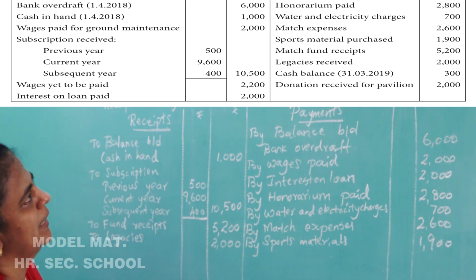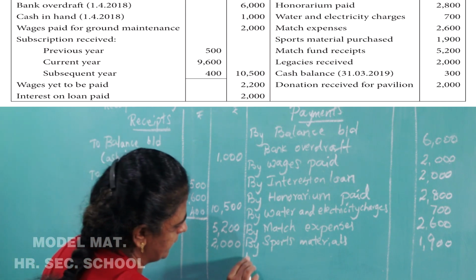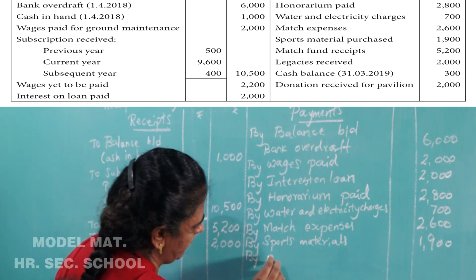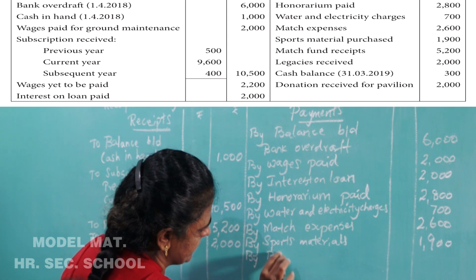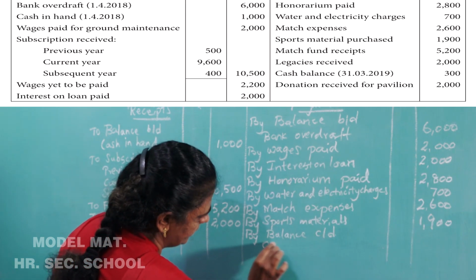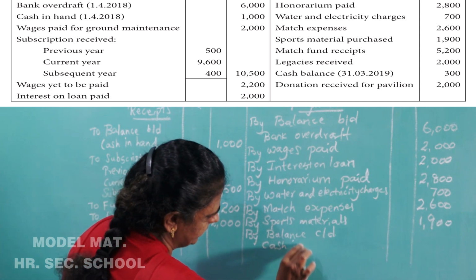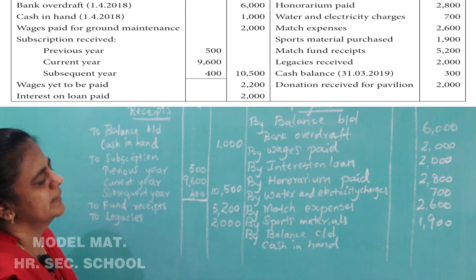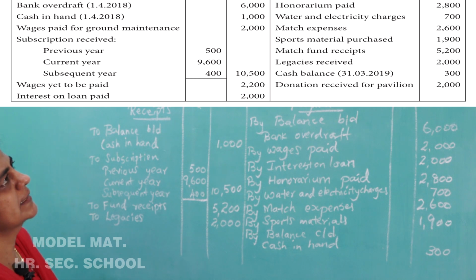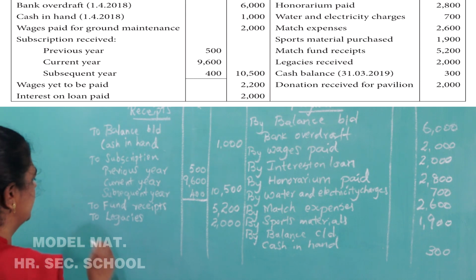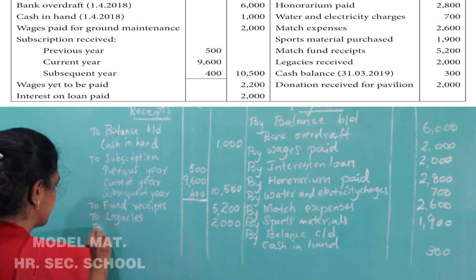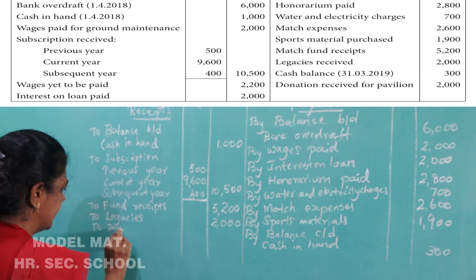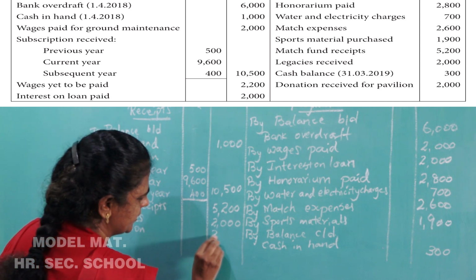Next is the cash balance, that is the closing balance, which you write here by balance carried down, cash in hand, 300. Then the last item is donation received, so to donation, it is a receipt, 2,000.